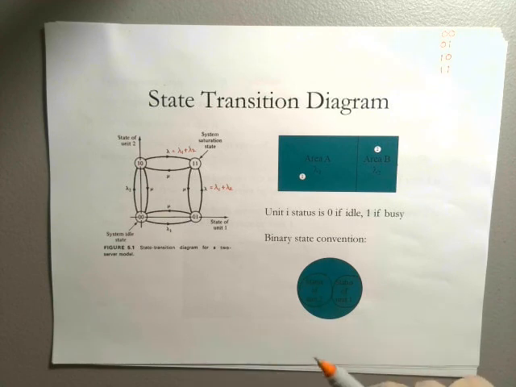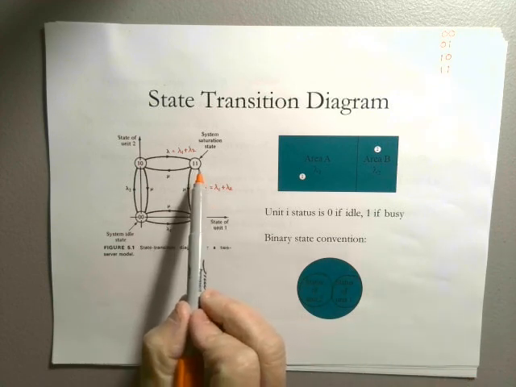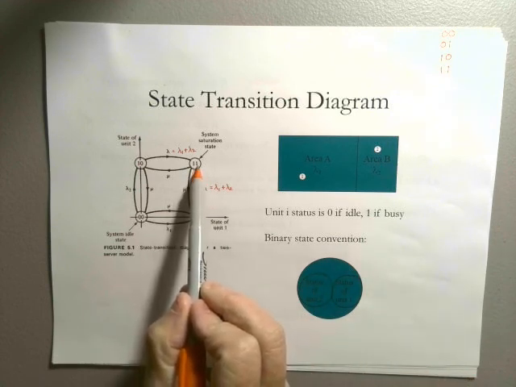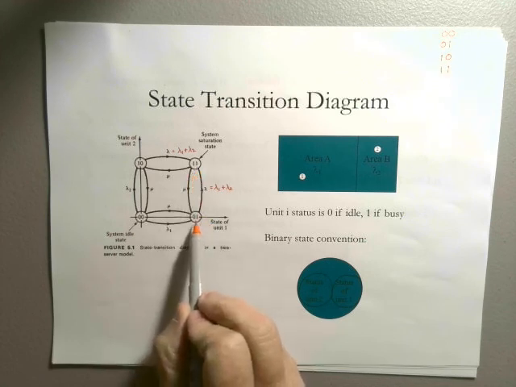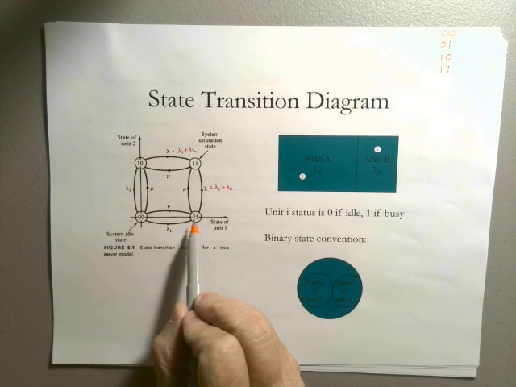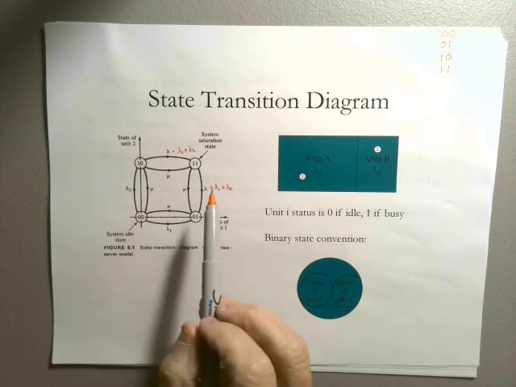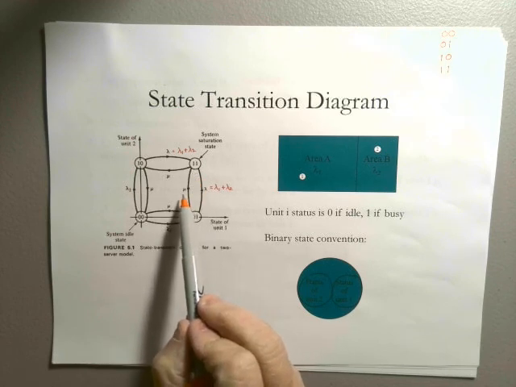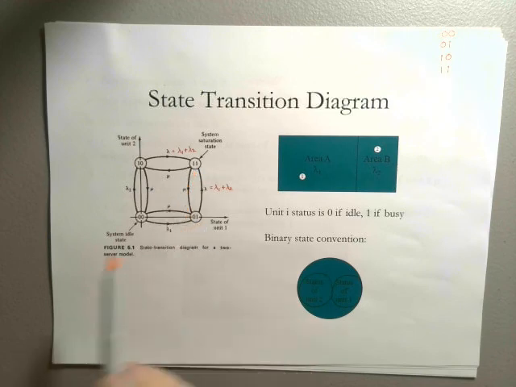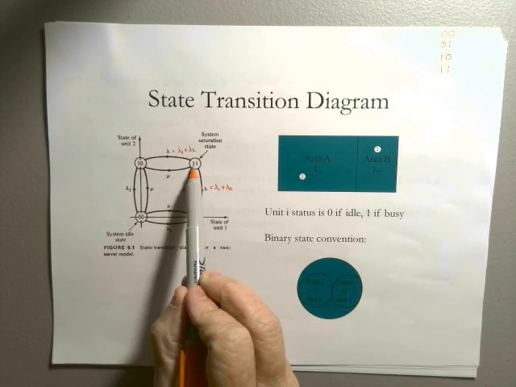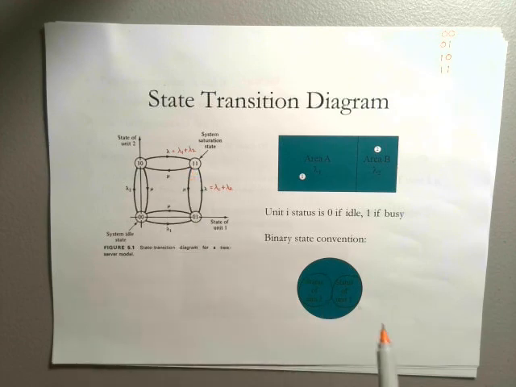Now, in this case, if I'm going just from both servers busy to server 1 busy but server 2 idle, that just means that I'm going to be working at a rate of mu right there, because we're only moving from a 1 to a 0 for server 2.